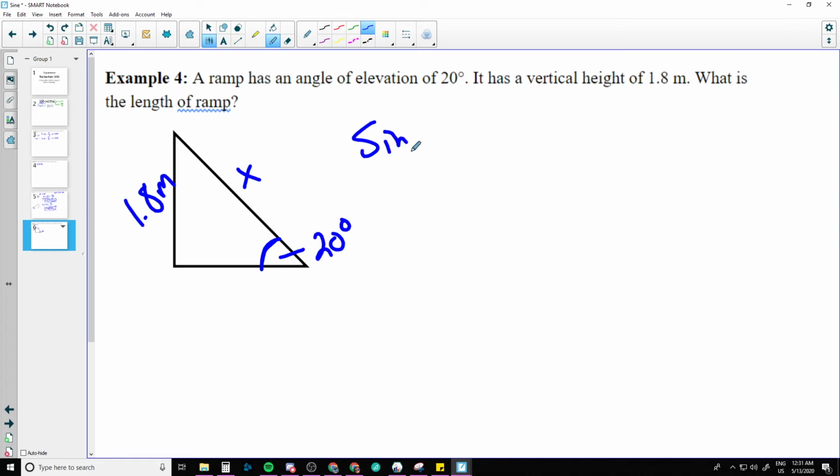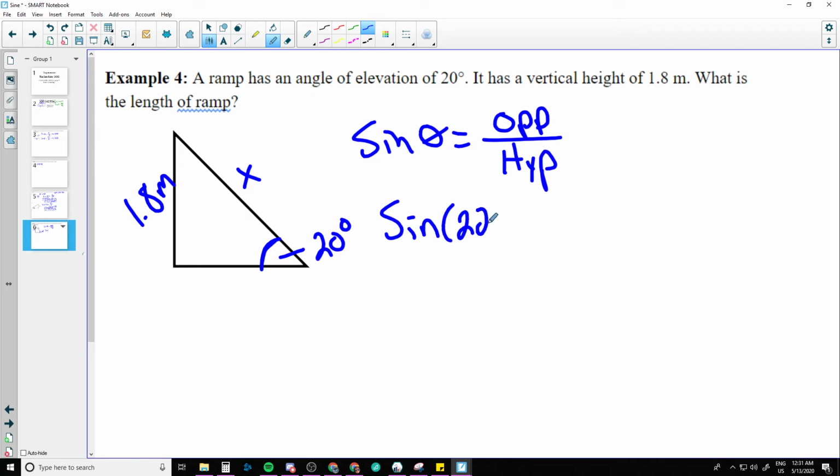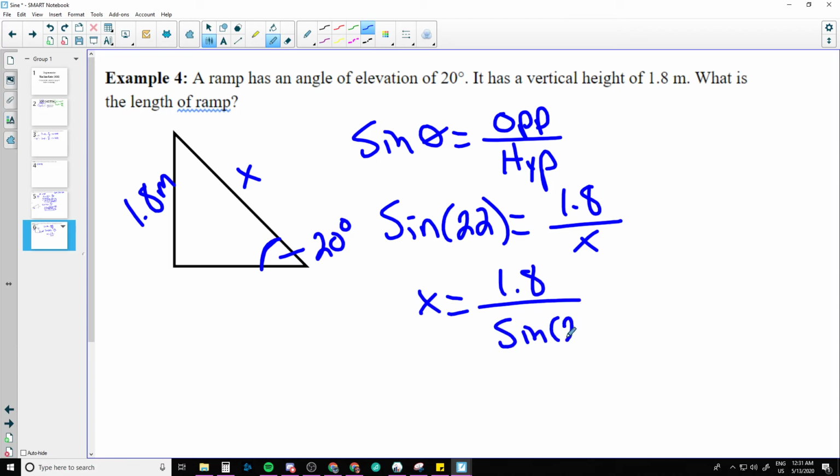So sine theta equals opposite over hypotenuse. Okay, so sine of 20 equals 1.8 divided by x. X is on the bottom. So now we're going to have to swap these two places. So x equals 1.8 divided by the sine of 20.